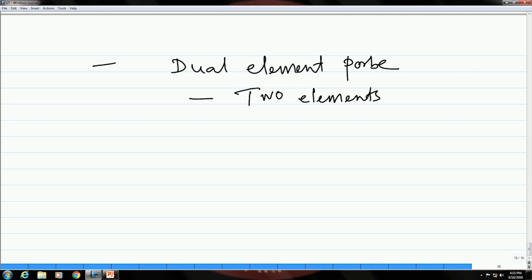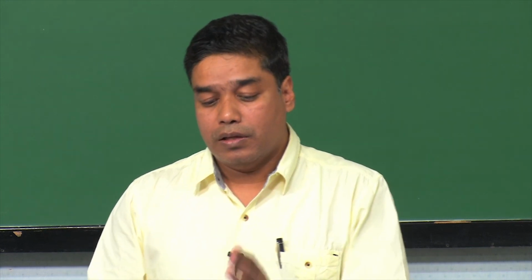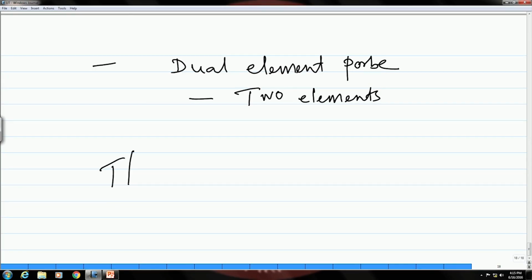So, these are actually piezoelectric elements, which we will talk about a little later in more detail. In the rest of the cases we discussed before, when the same probe is used for both transmission and receiving, it is only one element, but in case of dual element probes, there are two elements.